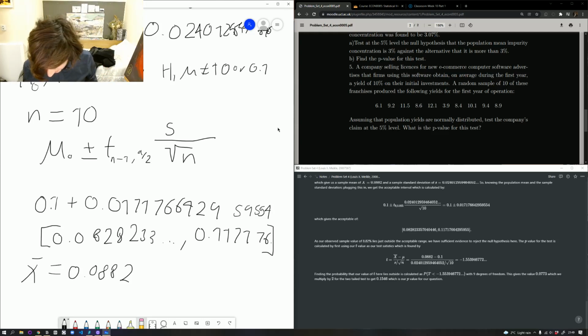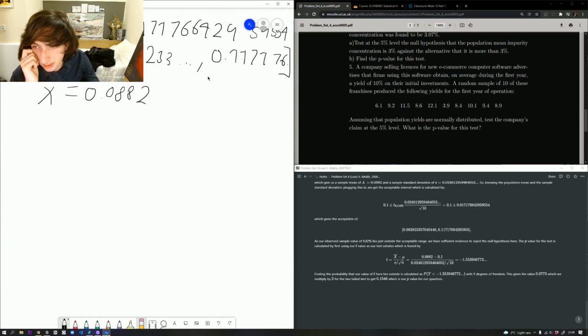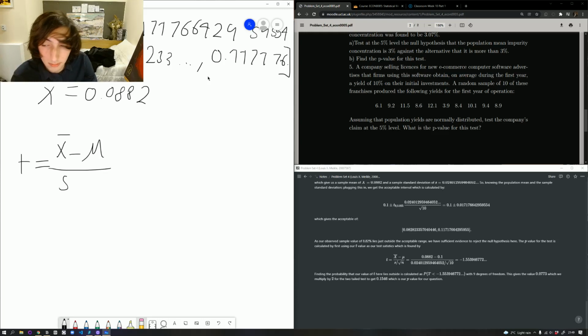Let's see. Yeah, so you've got the decision rule based on values of t instead. So we can also establish the t as the same as before. So you've got the sample mean minus the real mean, but you're using the sample variation instead of the one that you usually have.